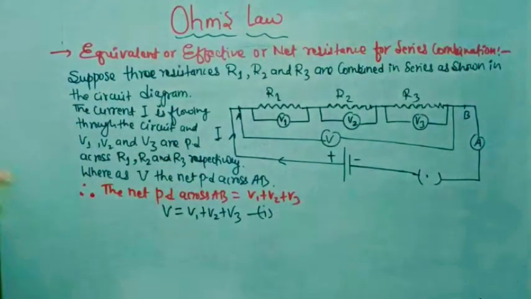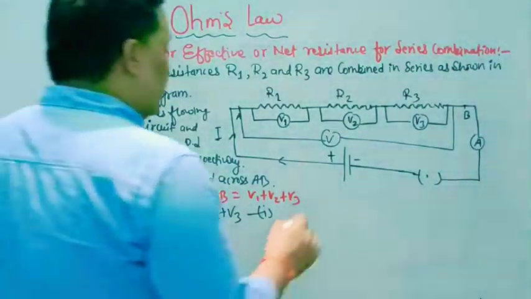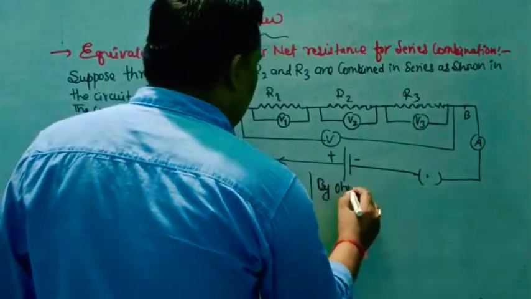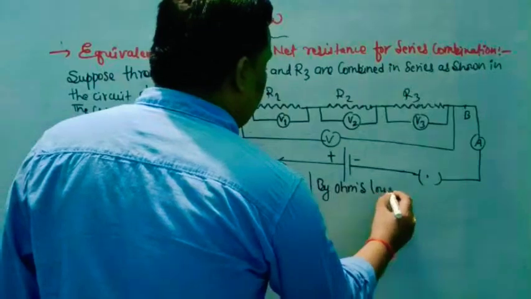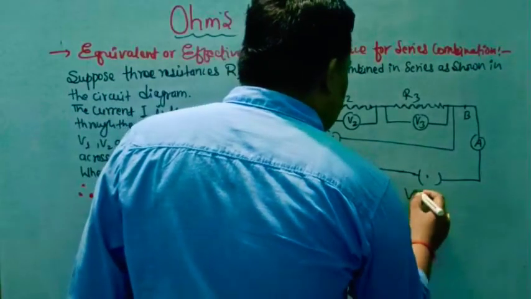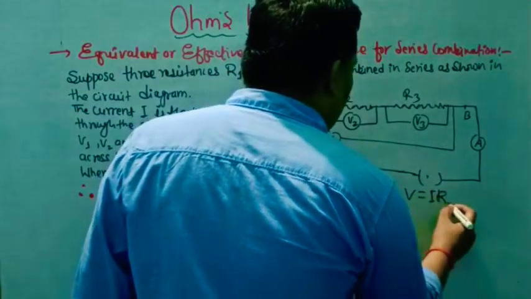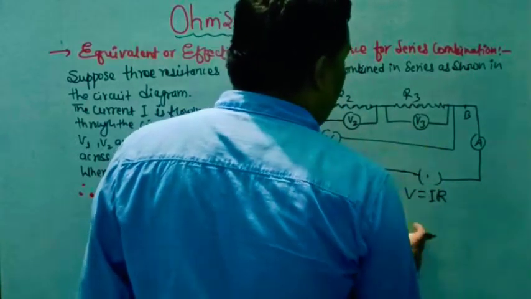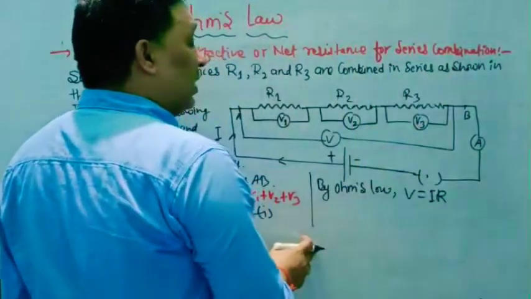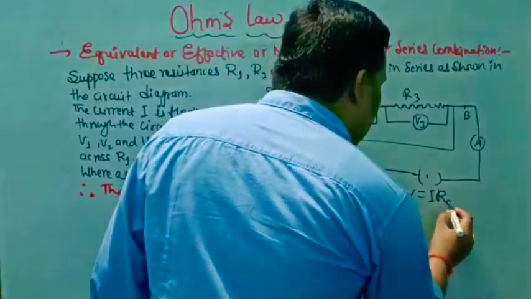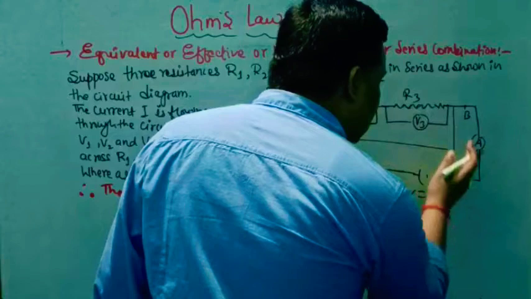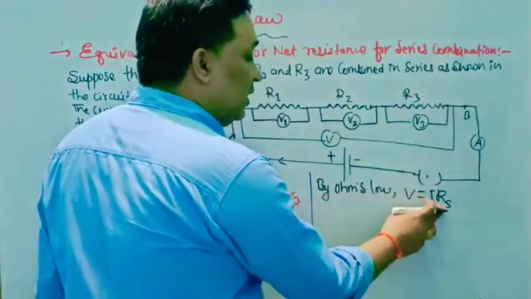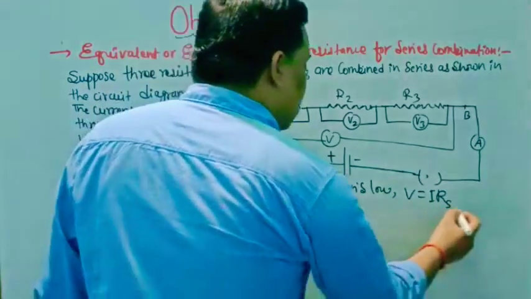Let it be the equation first. Now, by Ohm's law, V is equal to IR. We are representing this V as the net potential across AB, I the net current flowing through the circuit, and R as the net resistance for series combination, RS, net resistance, or you can say equivalent resistance for series combination.